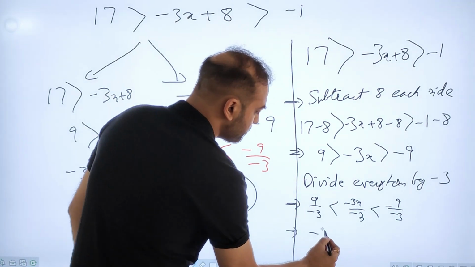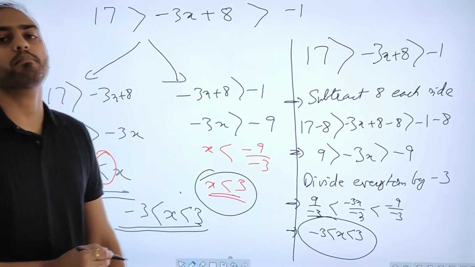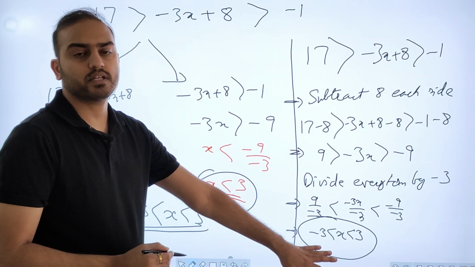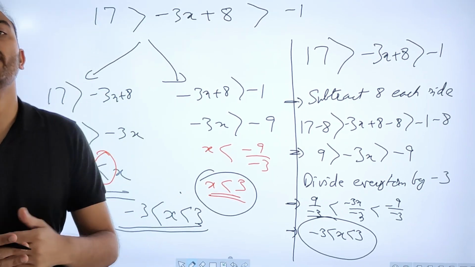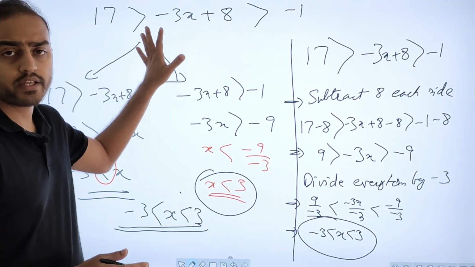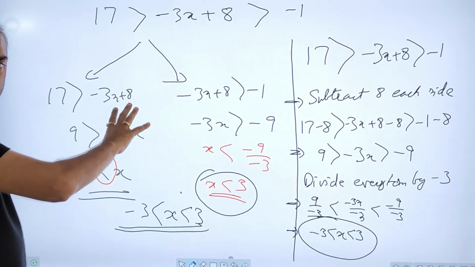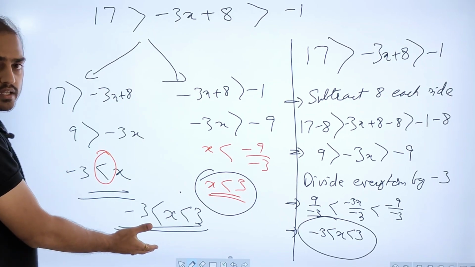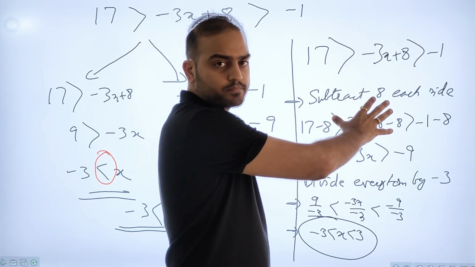If I solve this, x is between minus 3 and plus 3. So even if you have multiple inequalities, solve them normally. There is nothing different here. You can either break it into two parts and solve each part separately and then combine to get the answer, or solve it simultaneously.